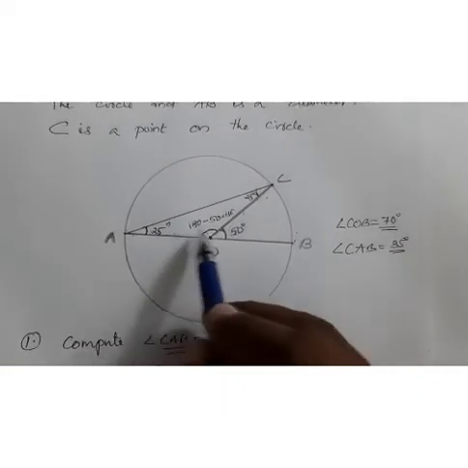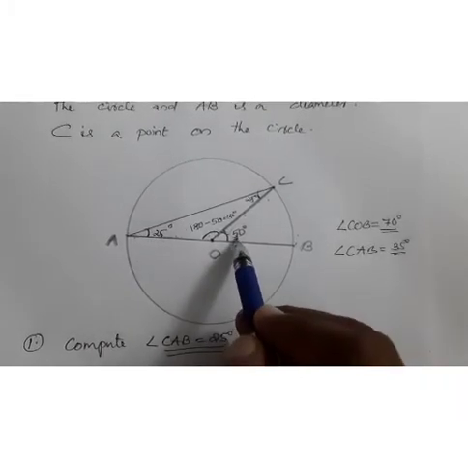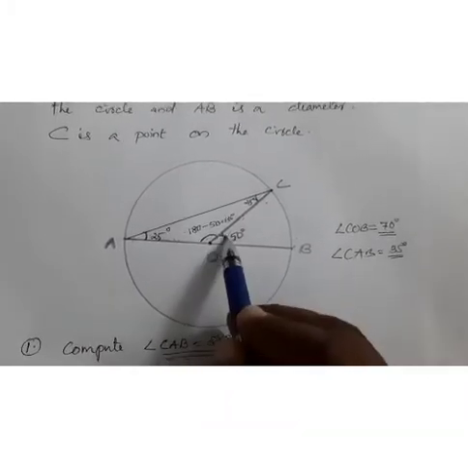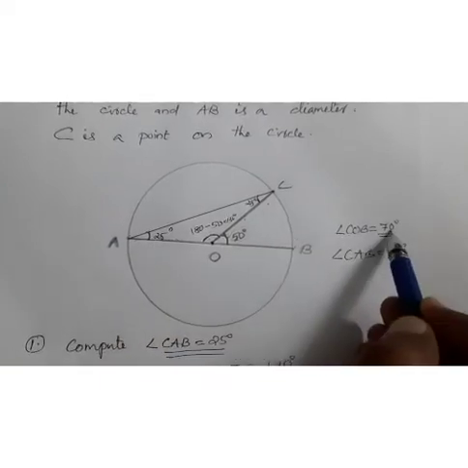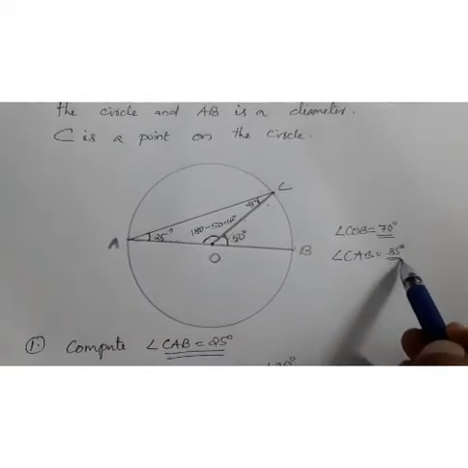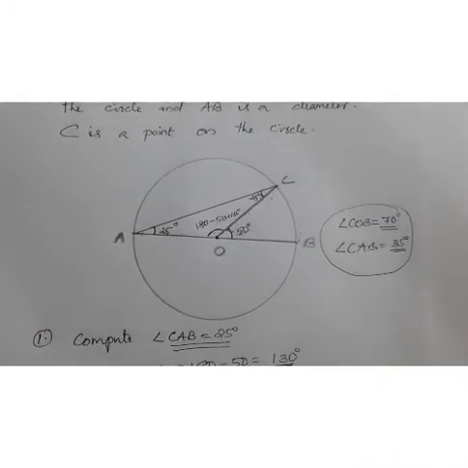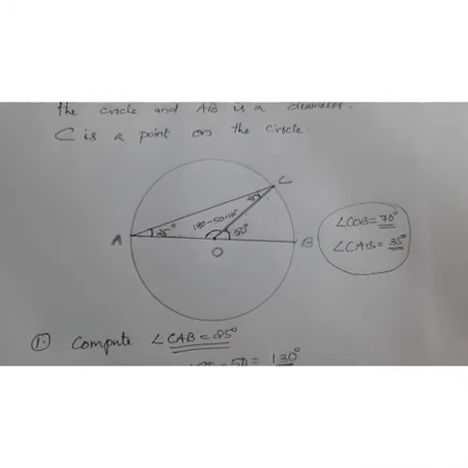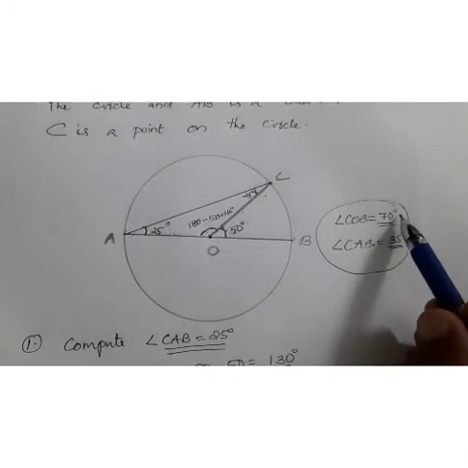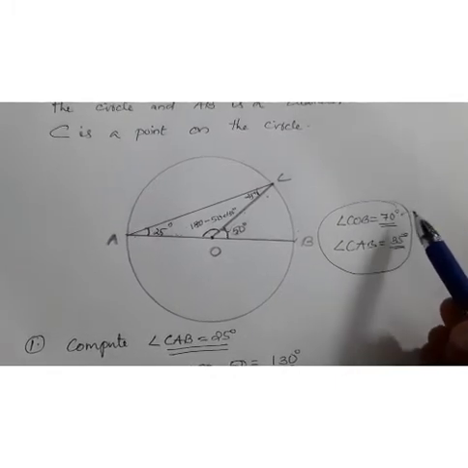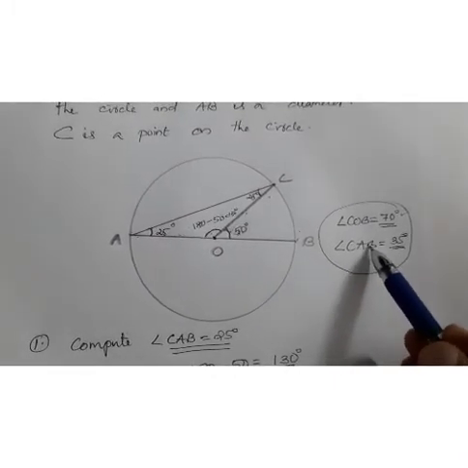Take the half of this angle here. So I took 70. So what is the angle here? Half of 70, that is 35. So you have to draw it again. Draw another figure. You can give any number and you have to find out angle CAB.